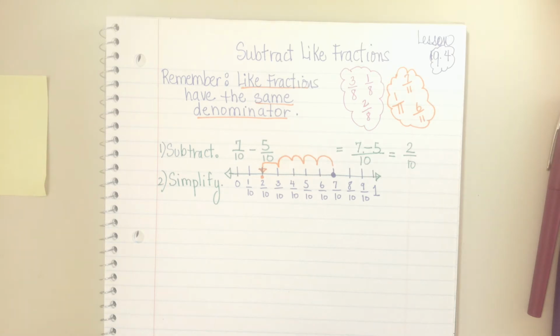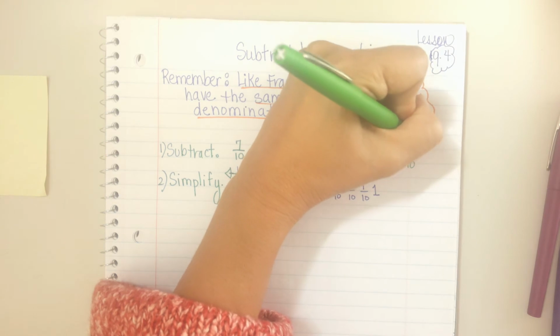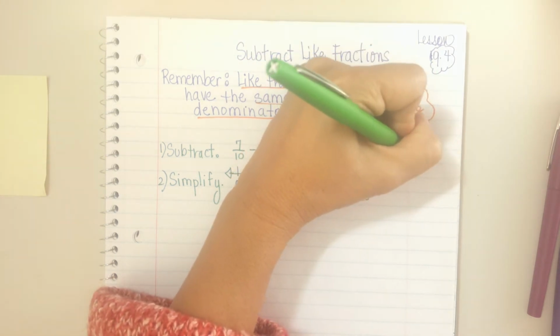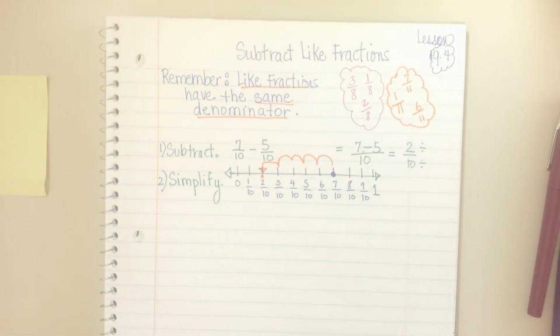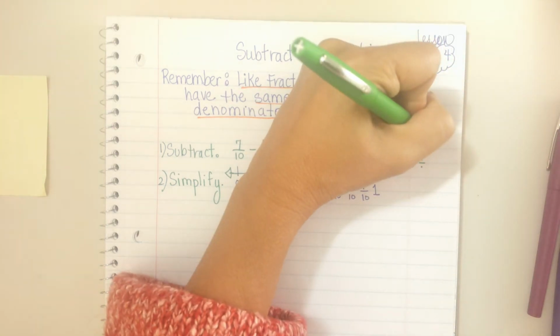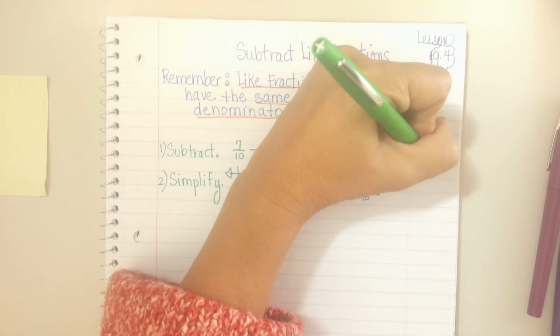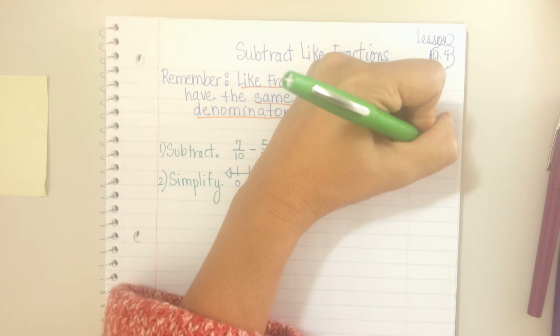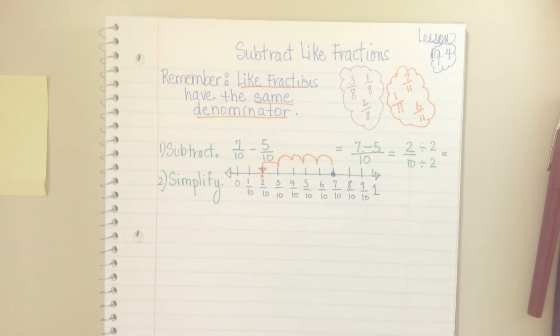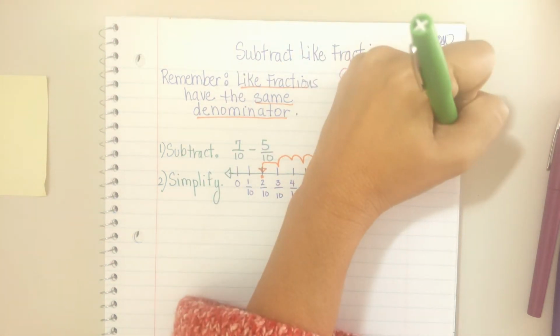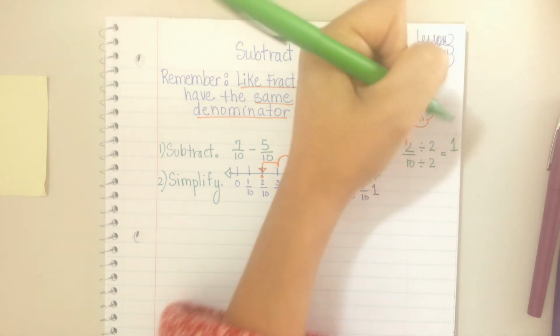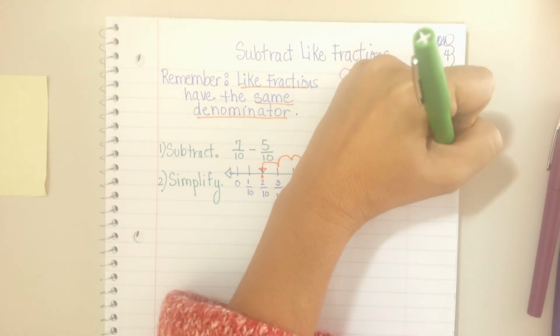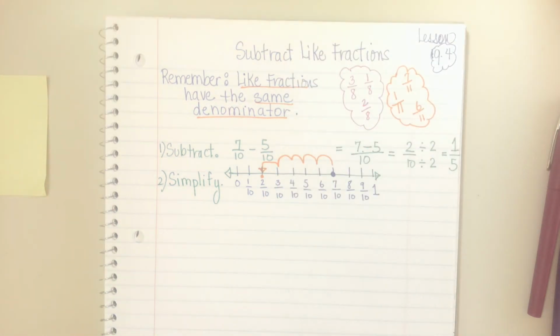We're going to divide by the greatest common factor. And the greatest common factor that these 2 numbers have is the number 2. Two divided by 2 equals 1. 10 divided by 2 equals 5. So the final answer that is simplified is 1/5.